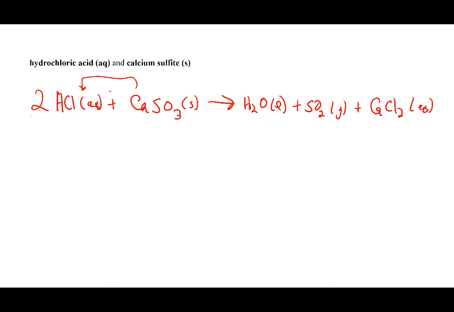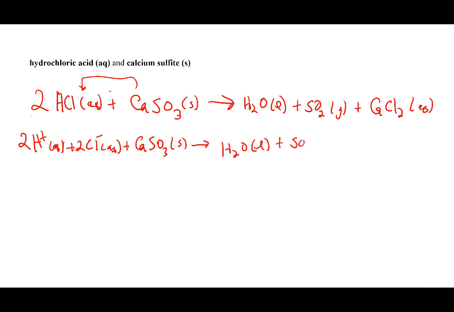Okay, to start out, the HCl is a strong acid, so it's 2H plus aqueous, plus 2Cl minus aqueous, plus the calcium sulfite is solid, which it tells us. And that's going to make water, which will be liquid, and SO2, which will be gas, and calcium chloride, which will be aqueous.